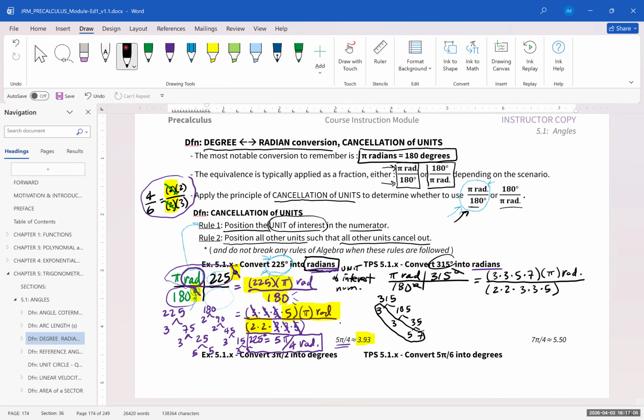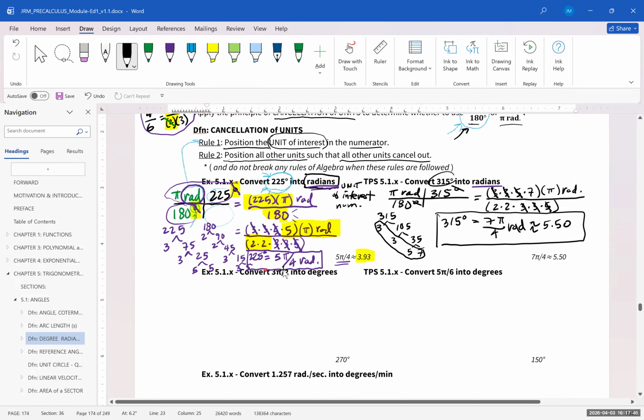Yep. All right, now we can cancel out common factors. So 3 with a 3, 3 with a 3, 5 with a 5. And what we have left is 7 pi over 4 radians. And if you take 7 pi and divide it by 4, you're going to get approximately 5.50. So 315 degrees is equal to 7 pi over 4 radians.